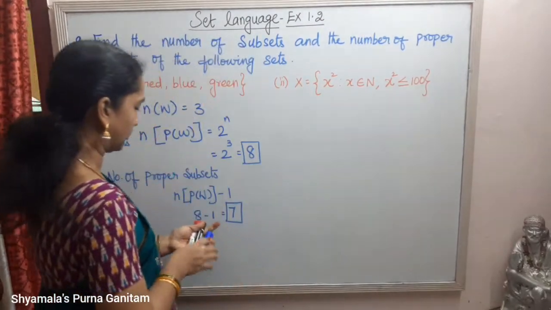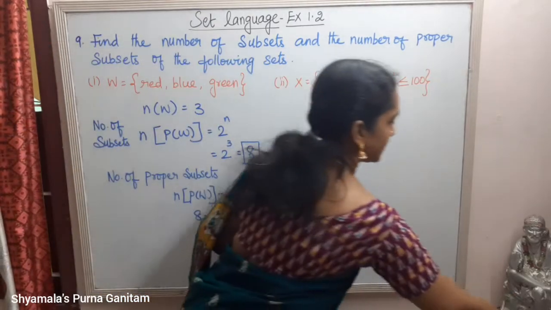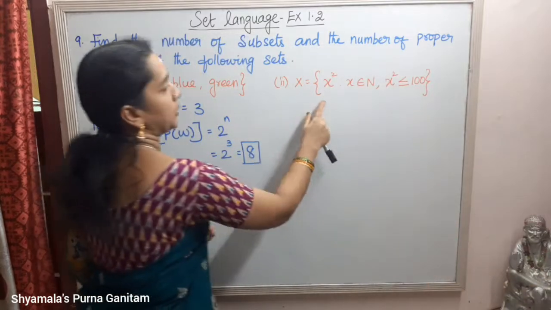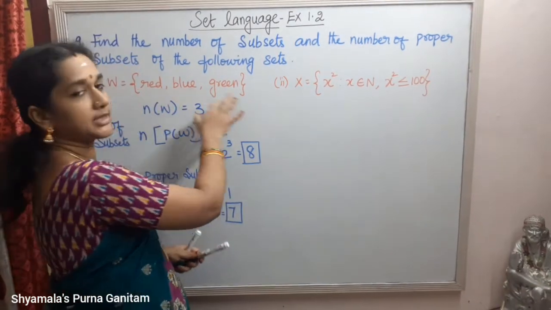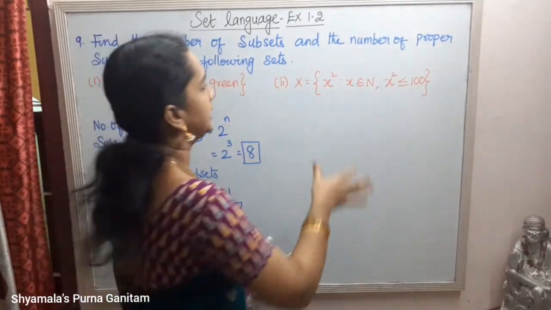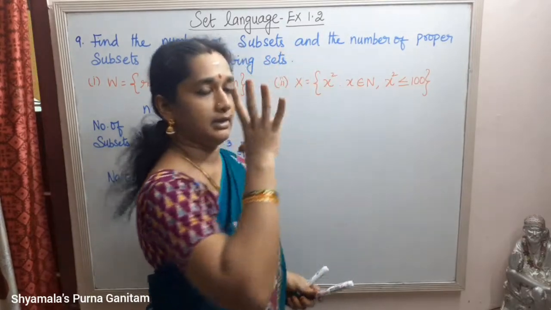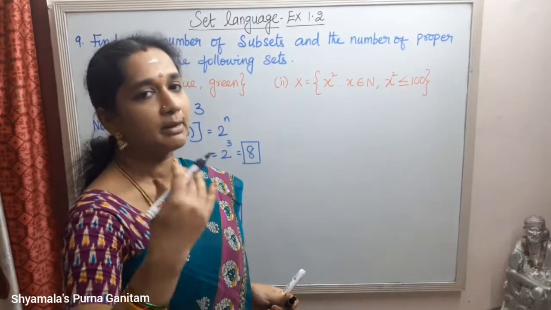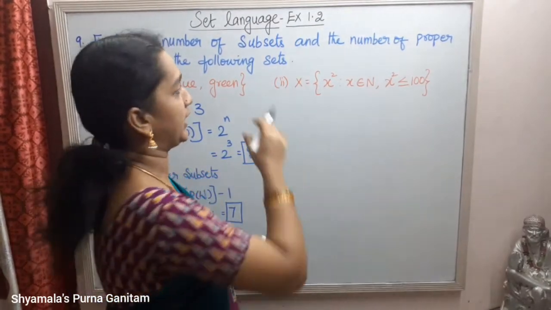So the next sum is X equal to x squared such that x belongs to N. Here, in the earlier sum, the 3 elements were already given. Here only a description is given, and you are asked to find the number of elements. Then we will find the answer.